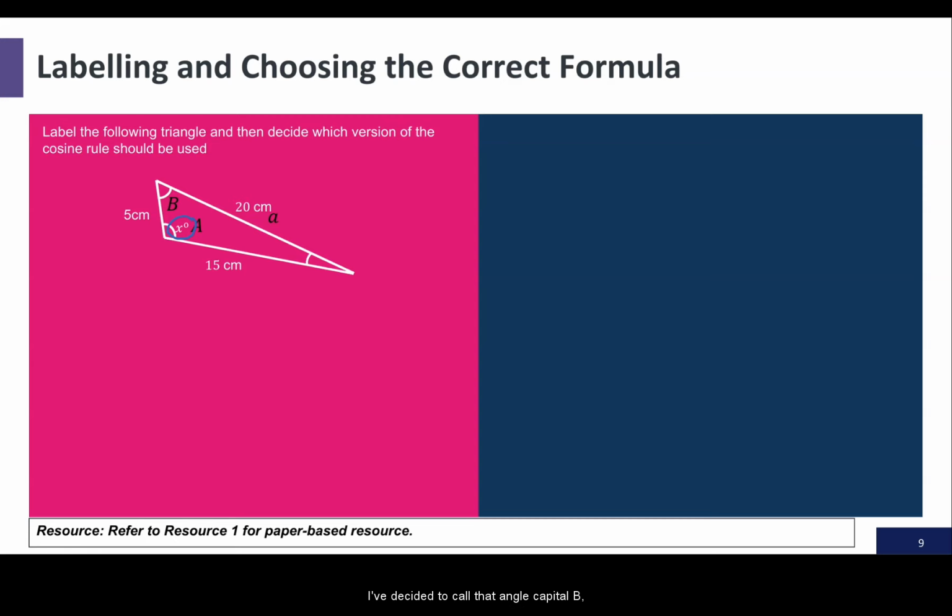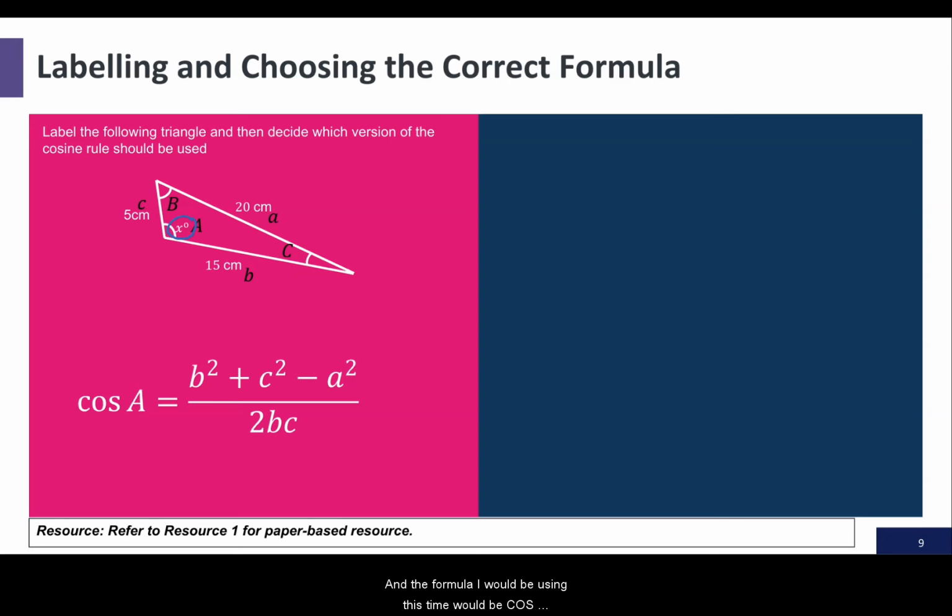I've decided to call that angle capital B, which means the 15 centimetre side is lowercase b. That angle is capital C, and the 5 centimetre side is then lowercase c. And the formula I would be using this time would be cos A equals b squared plus c squared minus a squared, all divided by 2bc.